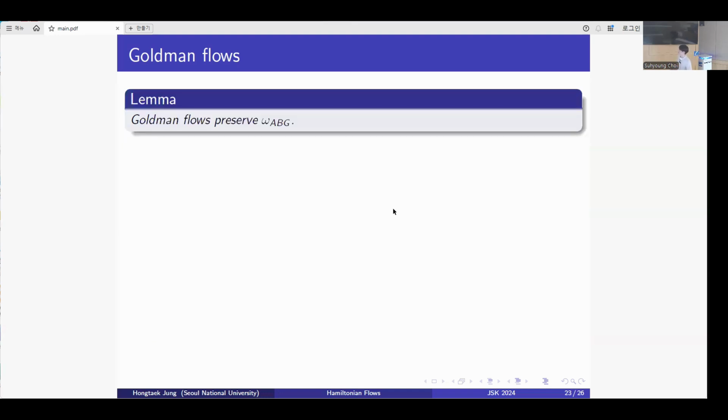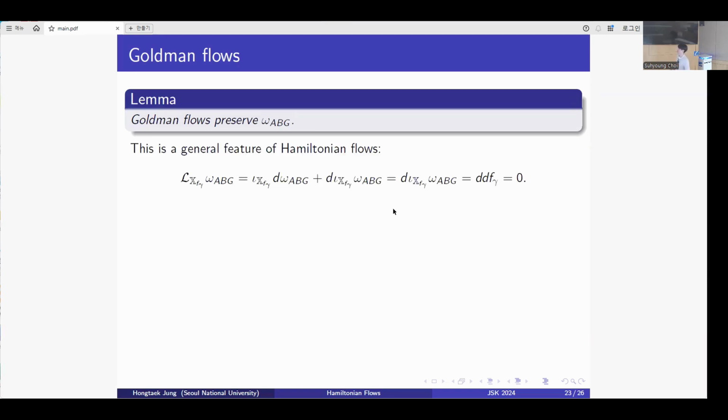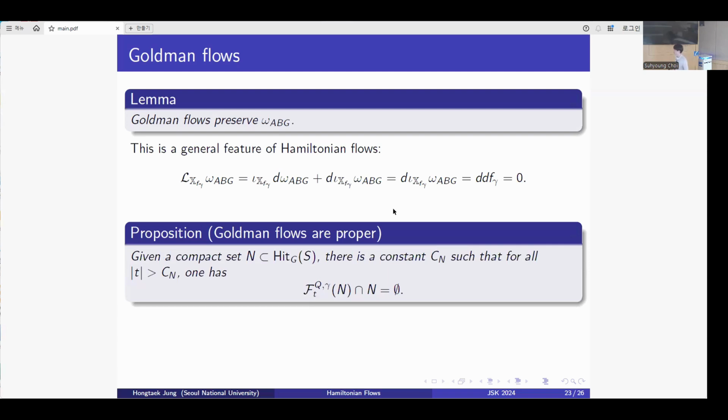So some lemmas. Well, Goldman flows preserve the Atiyah-Bott-Goldman form. Of course, this is not a property of Goldman flow, but a general property of Hamiltonian flows. And this is really a kind of special property of Goldman flows.